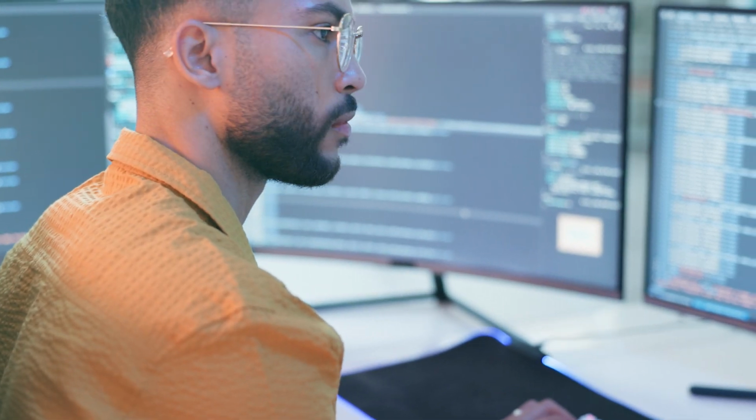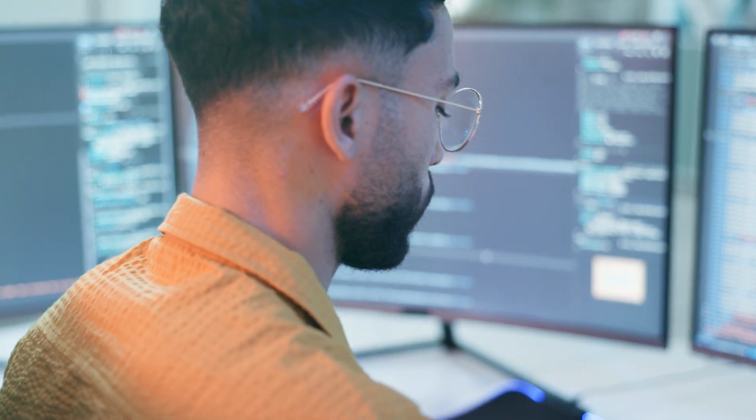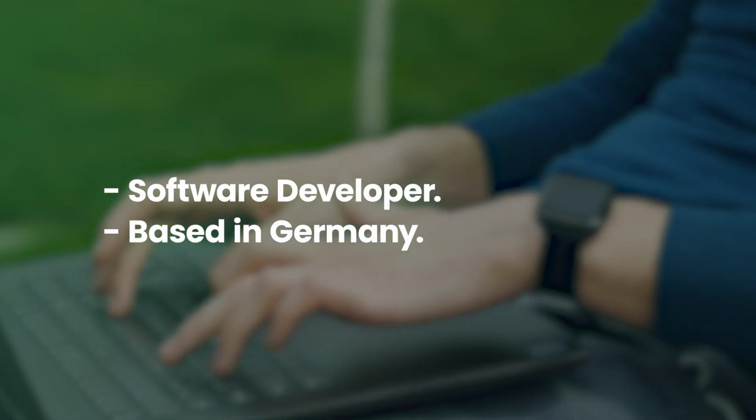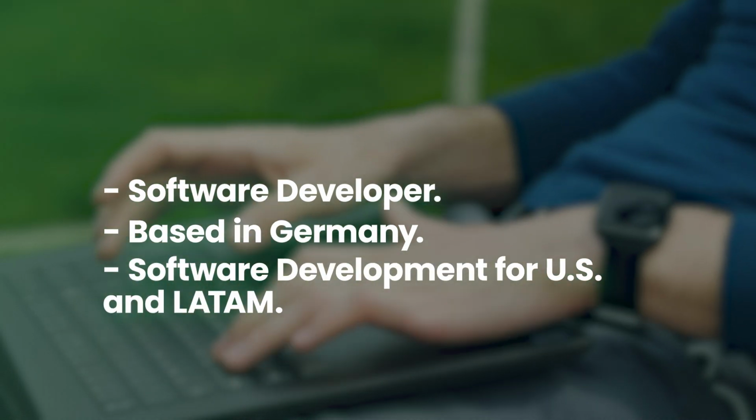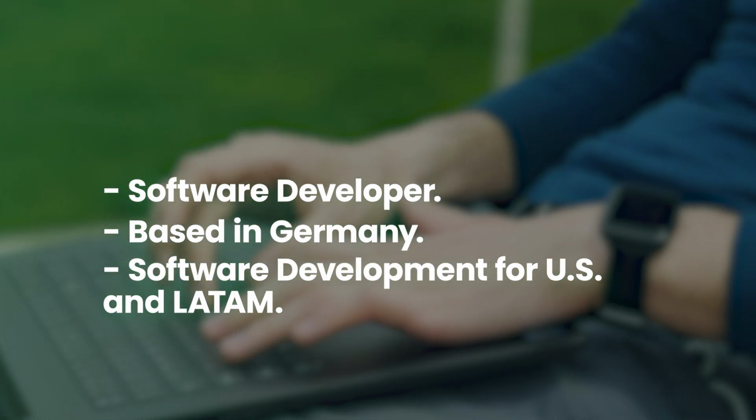Let's say you're a software developer doing outsourcing services, okay? You can start like this: I'm a software developer based in Germany. I'm going to be providing software development for customers based in the US and also in Latin America. The majority of my payments will come through Stripe and wire, or I'll use my debit card to pay for costs that I have on the American company.